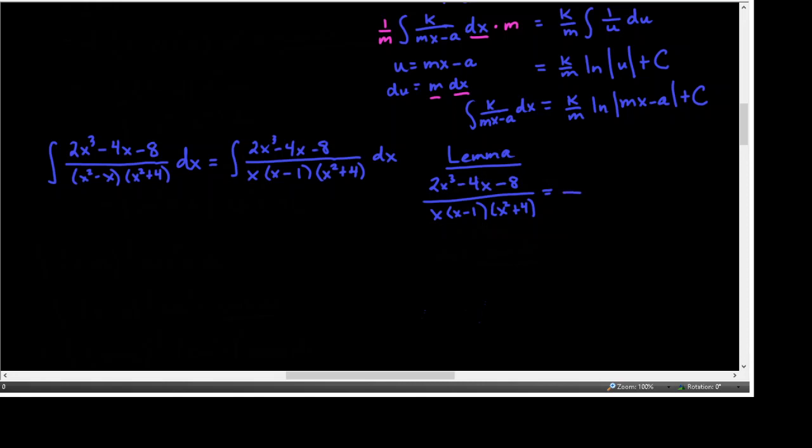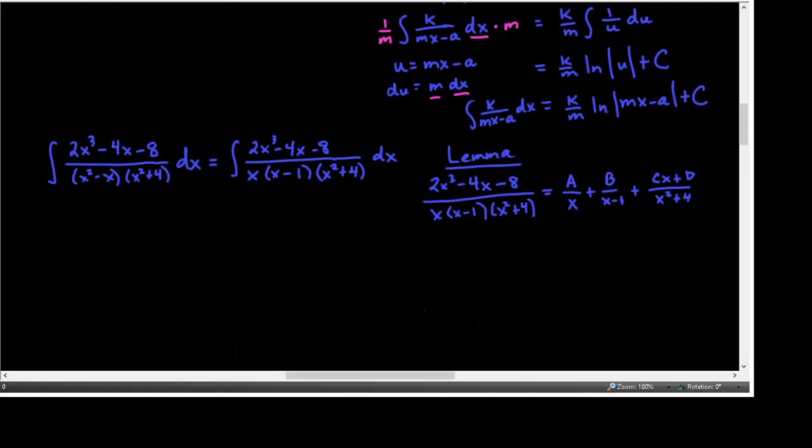So we'll have a fraction with the denominator of x. Since that's linear, we'll have a constant numerator. Plus, next fraction with x minus 1 as the denominator. Since that's a linear factor, we'll have a constant numerator. Then the last one is a quadratic denominator, x squared plus 4, which means we have to allow for a linear numerator. So cx plus d.